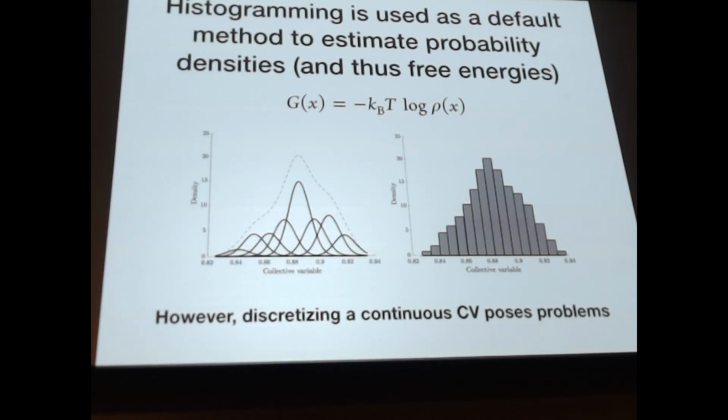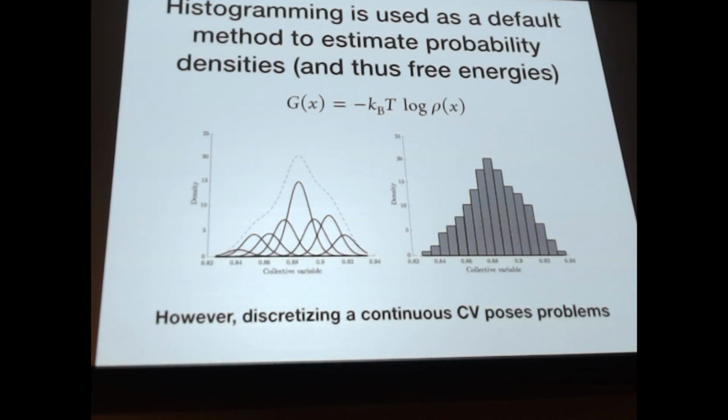And immediately what pops up to most people is that intuitively you can tell that this is not a good representation of the data. The reason for this is that biomolecules live on a smooth landscape. They don't live on a discrete landscape. And so when you see this, you can immediately tell that this is not a representation of reality.